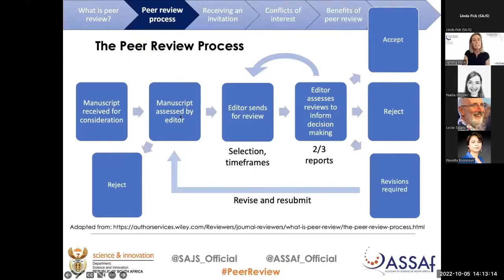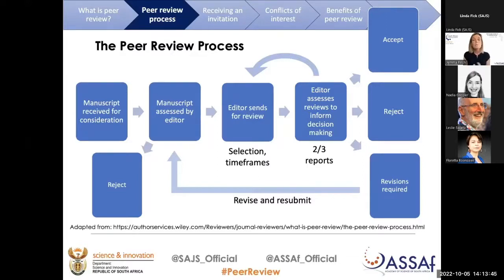If, however, the manuscript can be considered for peer review and maybe later publication, it will then proceed to the next stage, which is where the editor identifies potential reviewers. Normally it's a pool of potential reviewers who have the necessary expertise to conduct the review on this particular field of inquiry, who don't have any particular conflicts of interest with the author group.